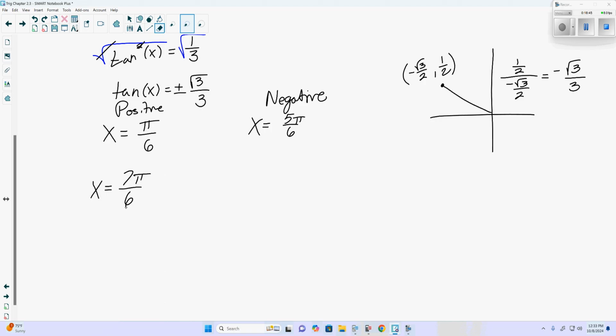Turns out our other positive is at 7 pi over 6. Because 7 pi over 6 is down here, and our point is negative square root of 3 over 2, comma negative 1/2.